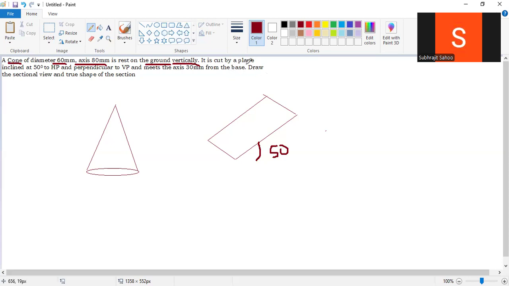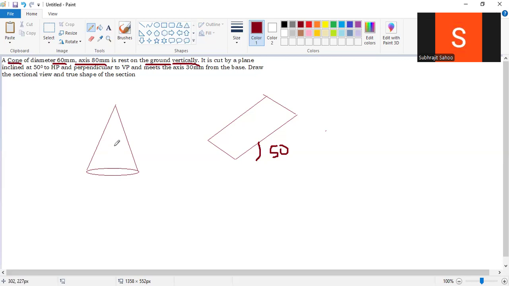Cut by a plane inclined at 50 degree to HP and perpendicular to VP, and meets the axis 30 mm from the base. So here is the axis, in the middle, at the center. This is the base. From the base, total axis height is 80, given in the question. Where will it be cut by this plane? It will cut the axis at 30 mm from the base. So you measure 30 mm with the scale or drafter.